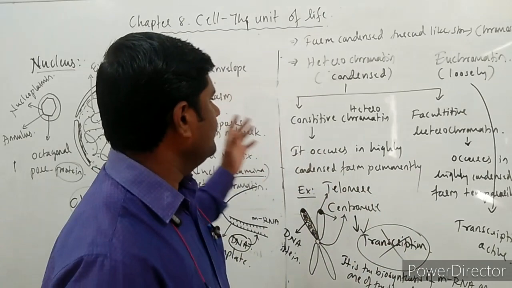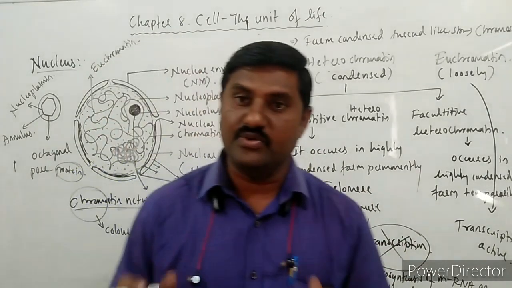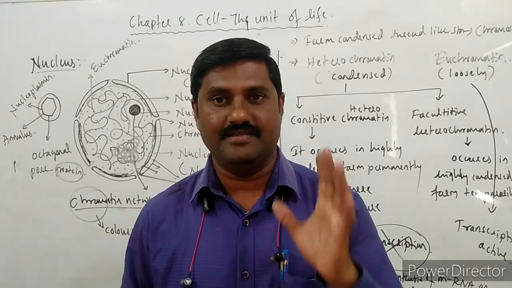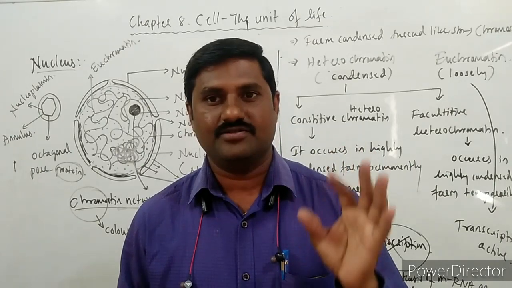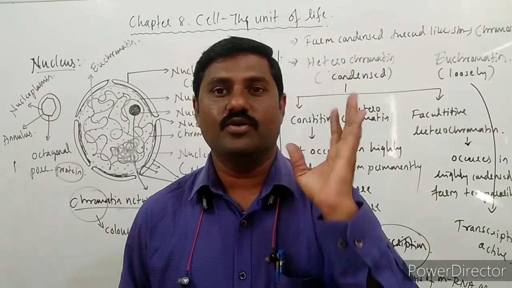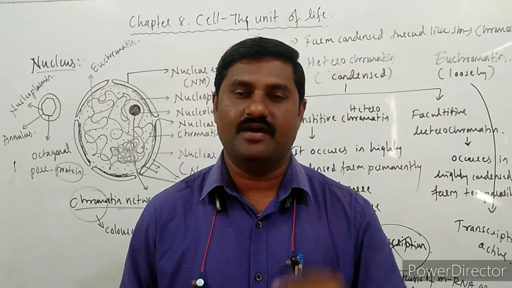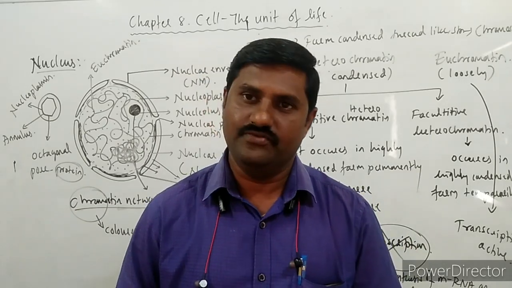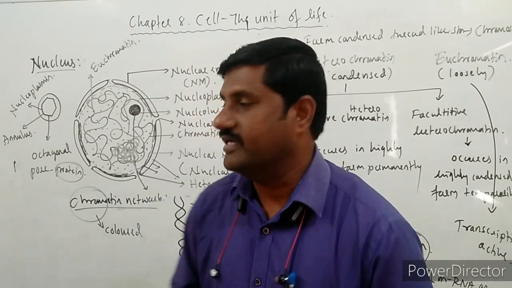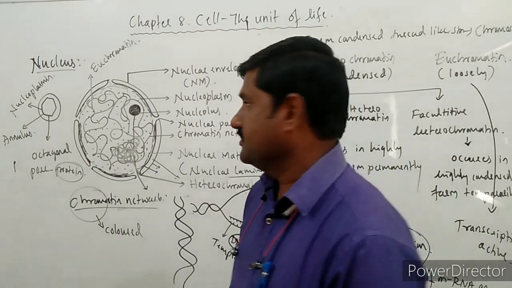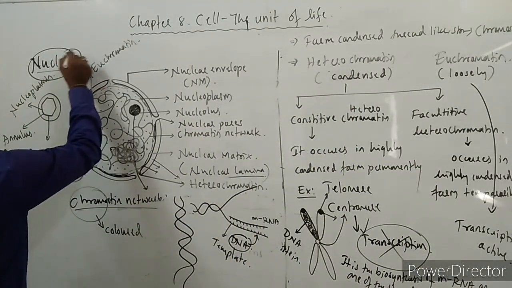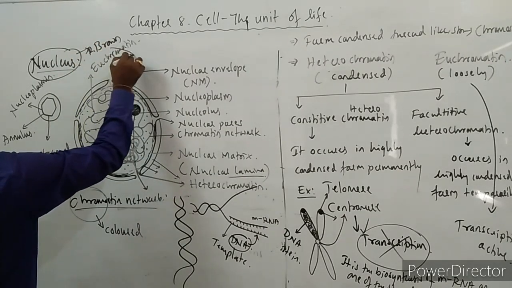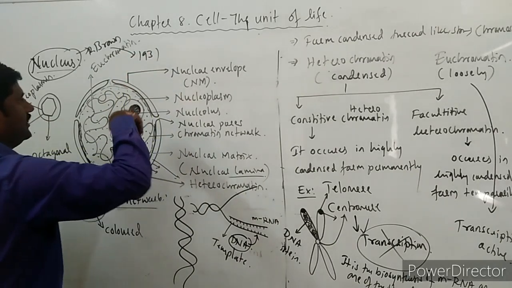So this is about the chromatin network in the nucleus. Okay, and such a nucleus, what parts does it contain? It contains the nuclear envelope, nucleolus, chromatin network, and nucleoplasm. These are the four major structures that are present. Along with this, nuclear lamina or nuclear matrix we also study, right? And such a nucleus was first discovered by Robert Brown in 1831, right?